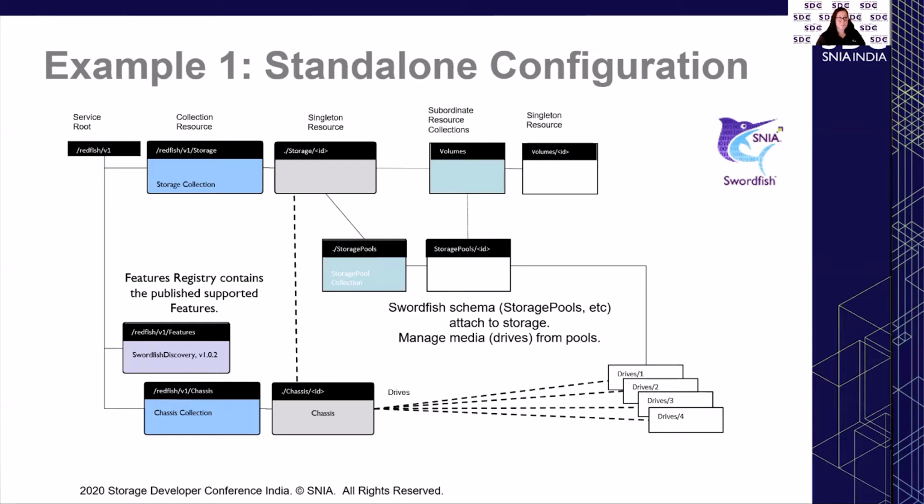So the implementation would be created with /redfish/v1/storage, and then there's a singleton instance here and a bunch of subordinate resources. Feature registry says here's the functions that are implemented there. So in this case, the user has no issue. They could just go to /redfish/v1/storage and find the devices.